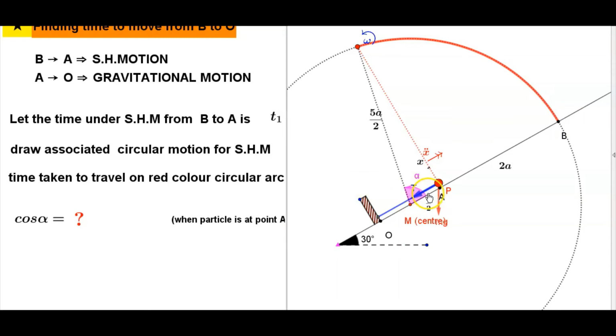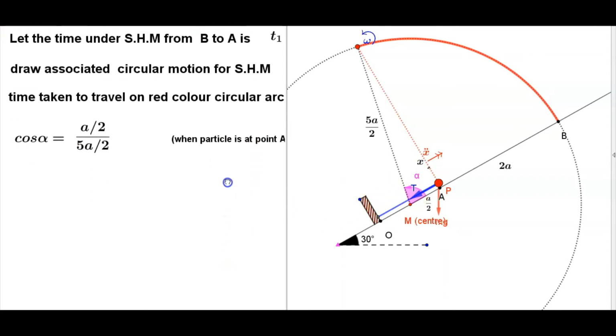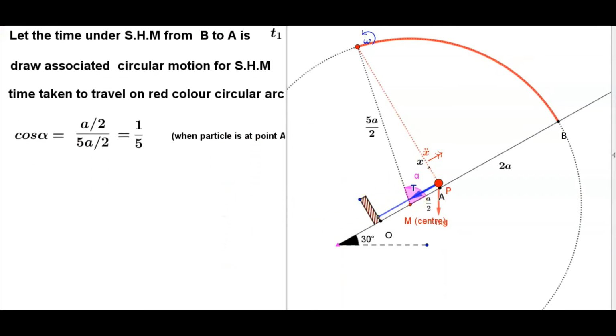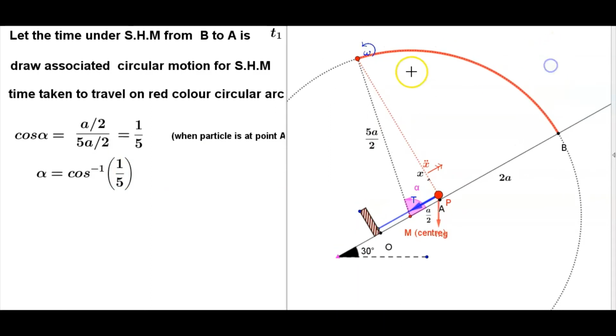So what is cos alpha? From this distance A to M, this is a by 2. The radius of this circle is 5a by 2, that is the amplitude. Therefore, cos alpha is equal to a by 2 divided by 5a by 2, which is 1/5. Therefore, alpha is equal to cos inverse 1 over 5. And this circular motion also has omega, angular velocity.